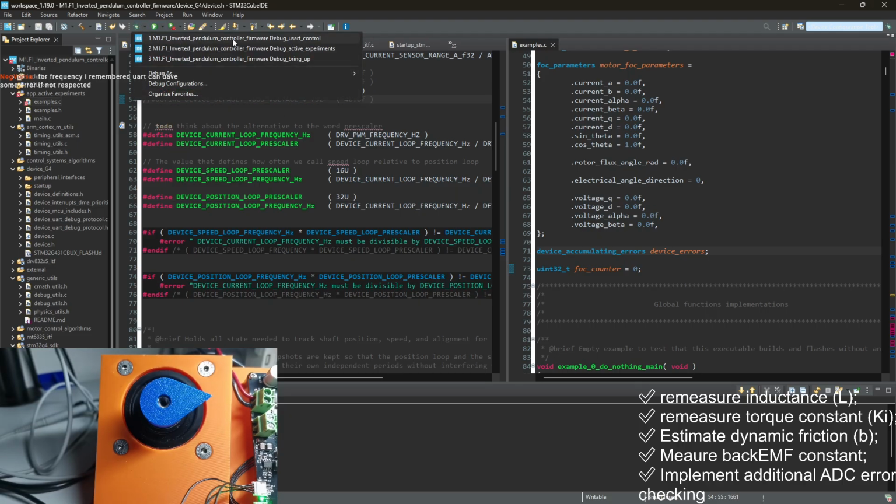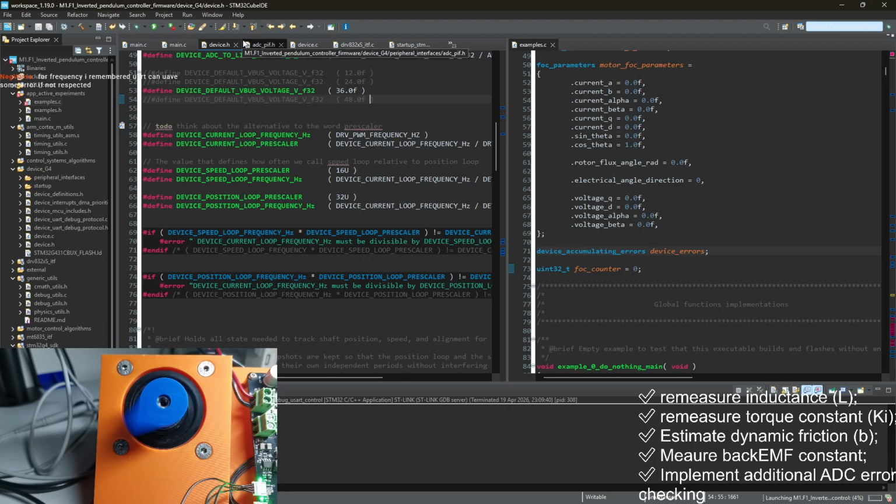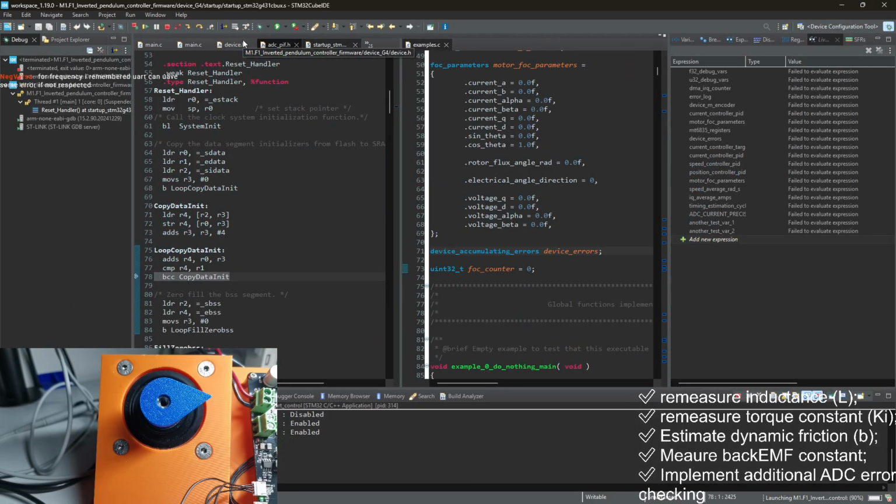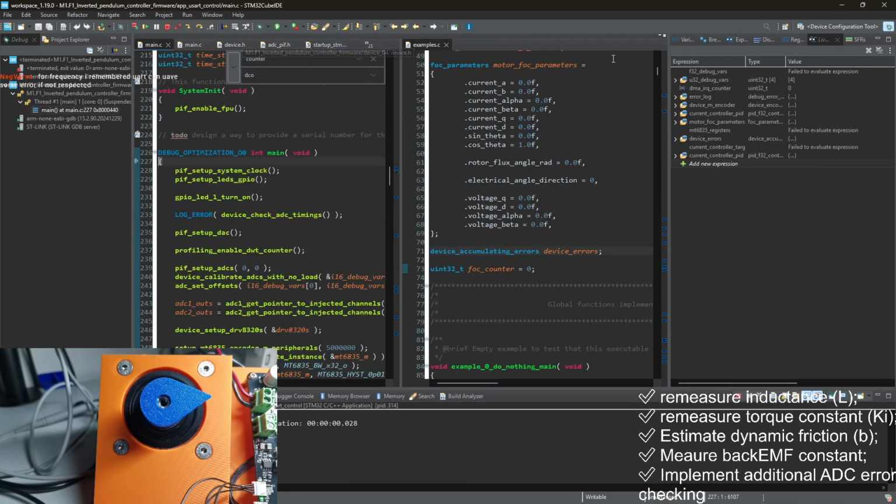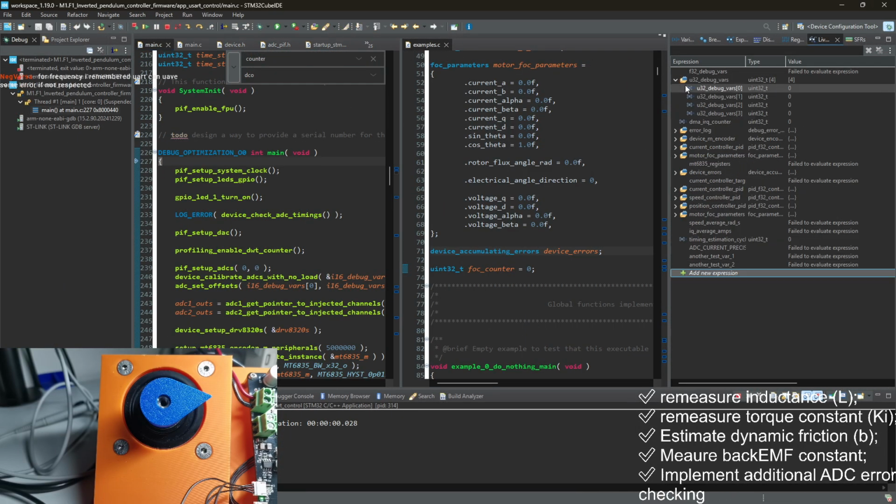Let's test it actually, UART control. And we also measure performance. Actually, let's do it. I'm curious. Let's measure the performance. Because we should see quite a bit of a difference, or should we?